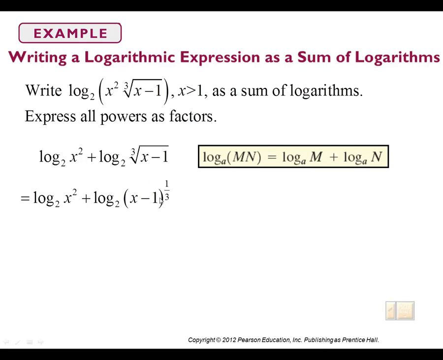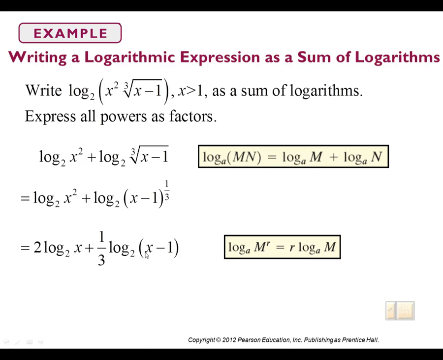And then how about this 1/3 here? This moves out front and it'll be 1/3 times log of x minus 1 base 2. And that's it, because this is minus here. We can only use a sum or difference when we're multiplying. So this is not multiplying, so we can't do anything, and so we just leave it like that. And that's it. We've expanded that out.